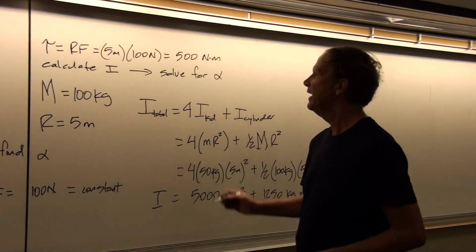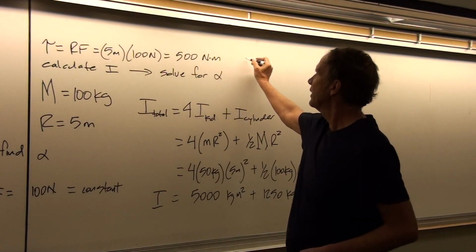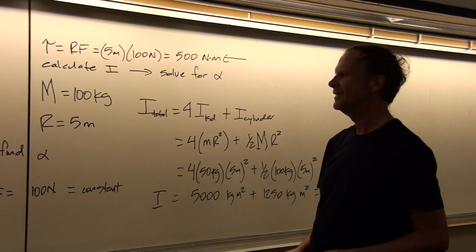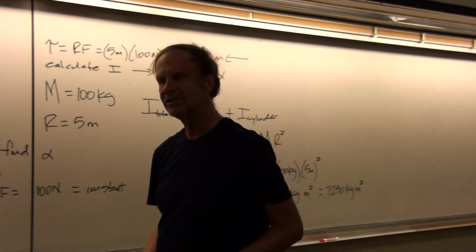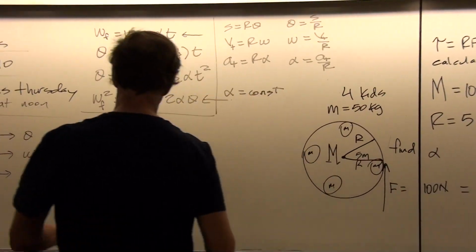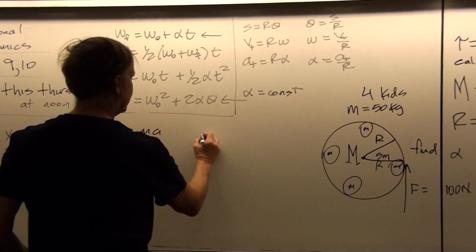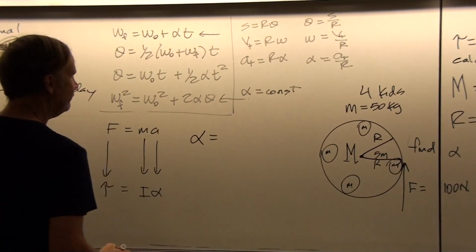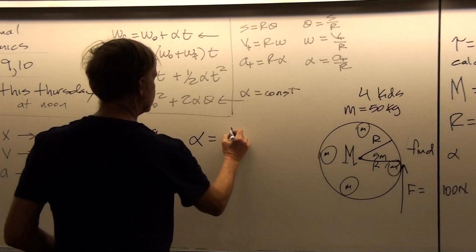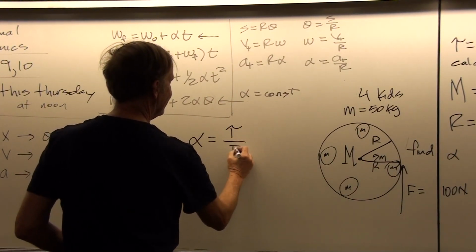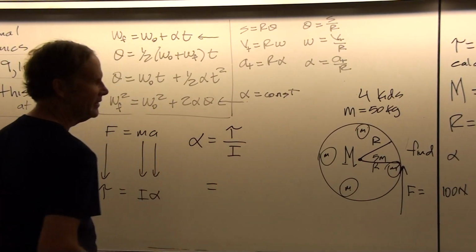We have the torque, 500 newton meters, and so now all we have to do is plug into the relationship torque equals I alpha to give us the alpha value, which is going to be our torque, that was the easy part here, divided by the moment of inertia.